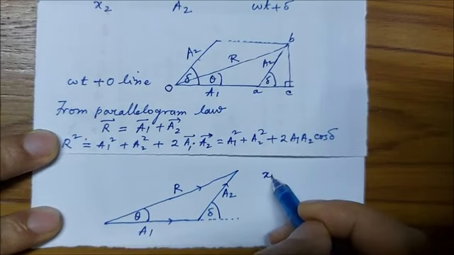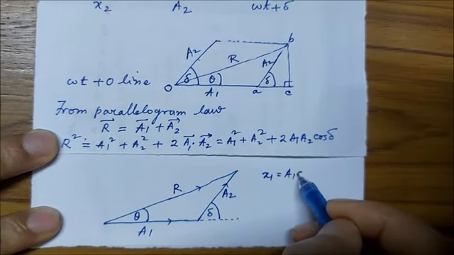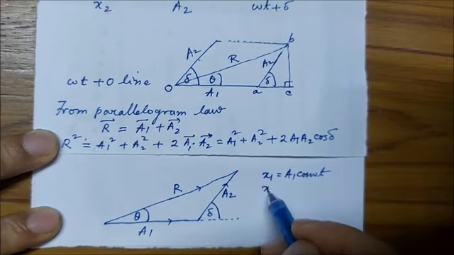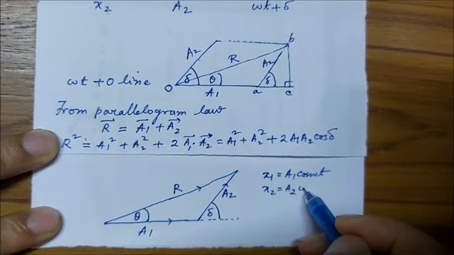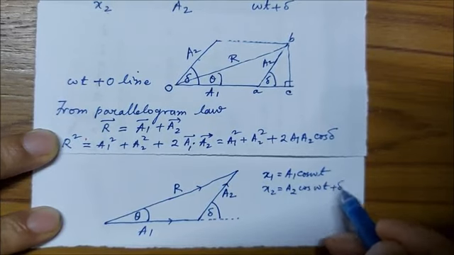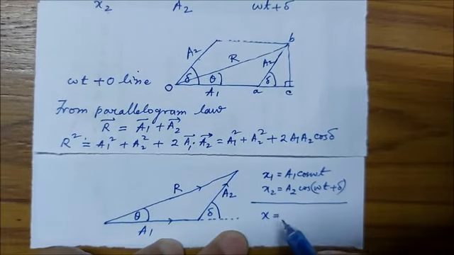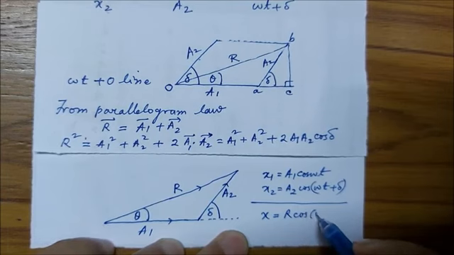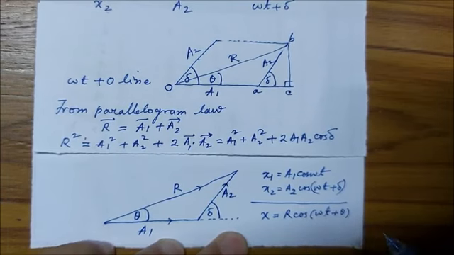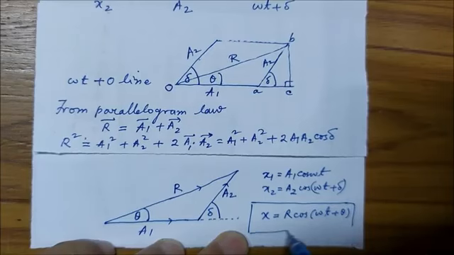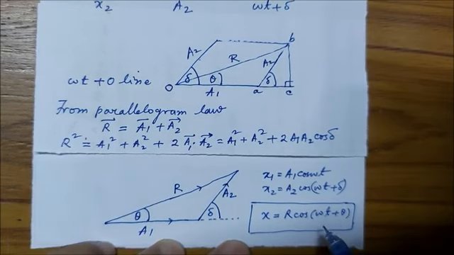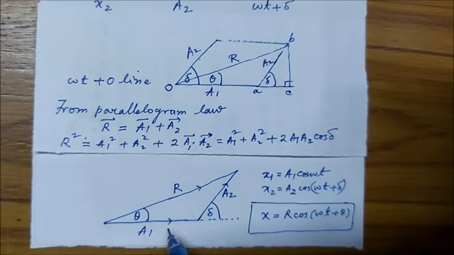So x1 and x2 when superposed give us x, which is r cos of omega t plus theta. All are SHMs, all are collinear, and all have same frequency omega. And this is the phasor representation of the three simple harmonic motions.